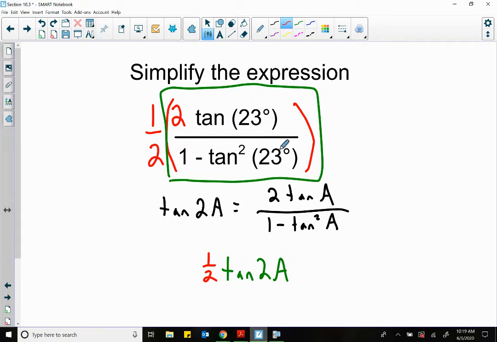That's where this black expression comes from. Because if I take a half times that, the 2's are going to cancel each other out, guaranteed. And so now, you know what A is. This guy is your A.